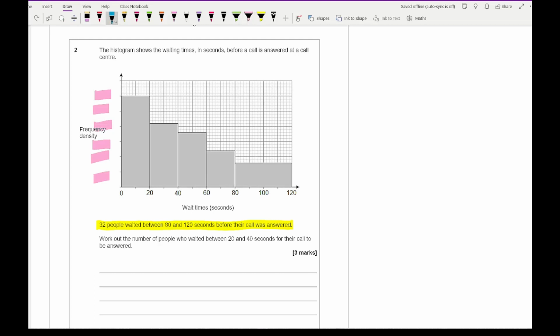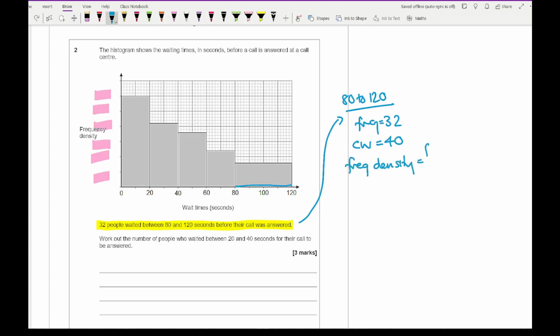So using this bit of information that we know, if we look at the group of 80 to 120, which is this group at the end, we know that the frequency is 32, and we know that the class width is 40. So then I can work out what the frequency density is going to be, which is equal to the frequency divided by the class width.